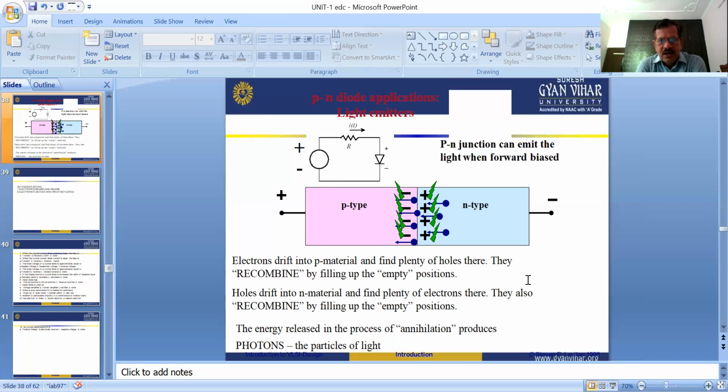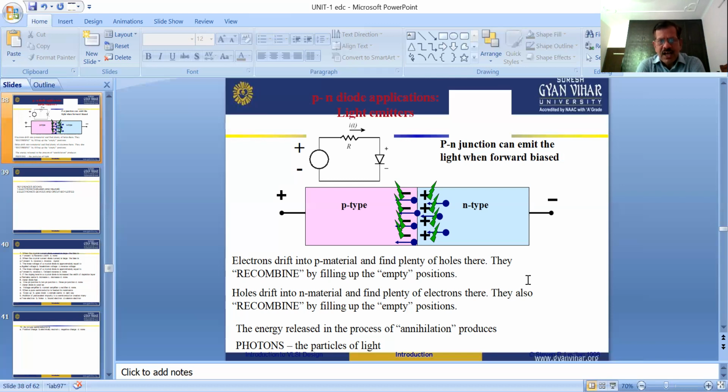So these are the components of a mobile charger: transformer, diodes, capacitors, and resistors.